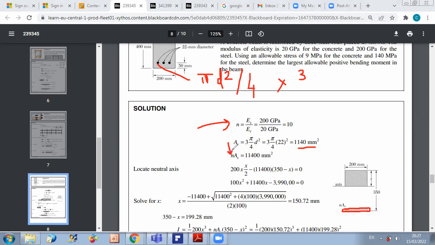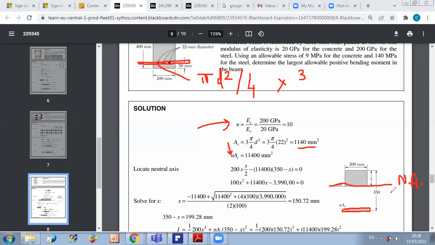Now, as we mentioned before, we consider that the thickness of this equivalent area is negligible. So I just add an area of negligible thickness and large length, like this. I still need to determine, as we discussed before, the position of the neutral axis. And again, this position is determined based on the information that we know that the neutral axis should pass by the centroid of the modified section.